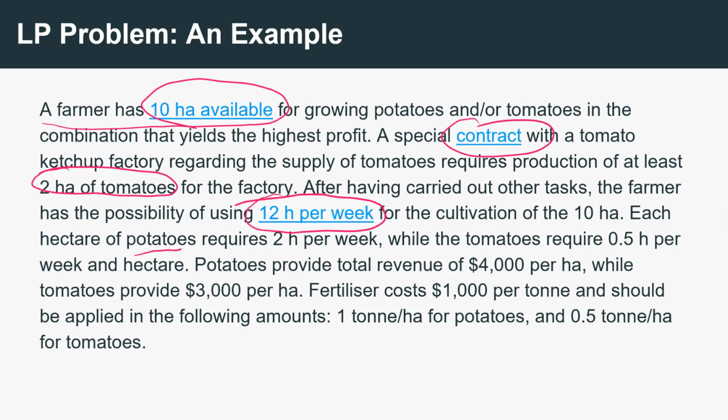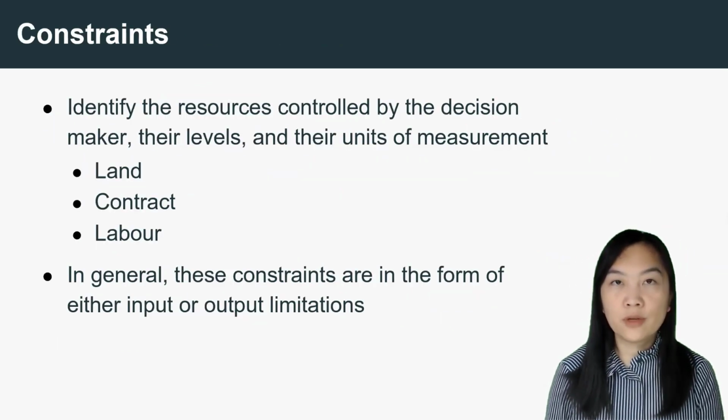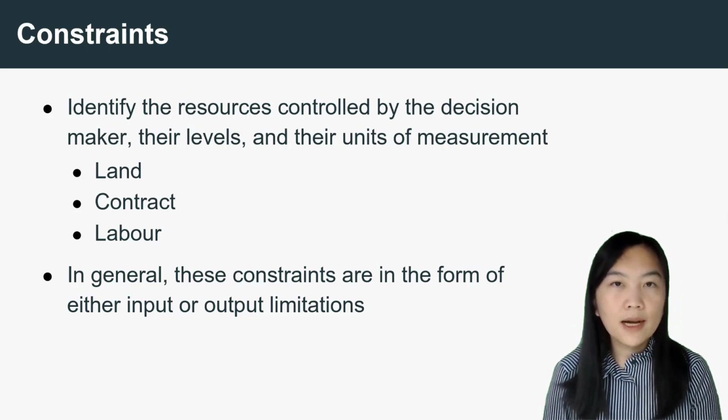The potato requires 2 hours, and tomatoes require 0.5, or half an hour, per week and hectare. So those are the 3 constraints, and you need to translate them from the verbal problem into mathematical equations.